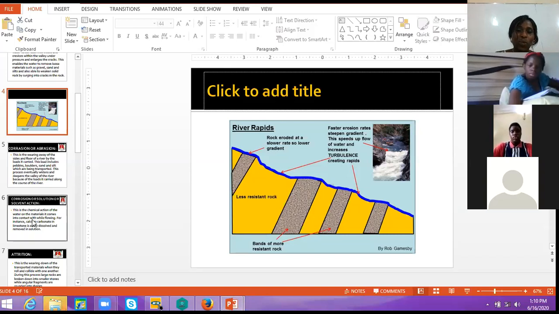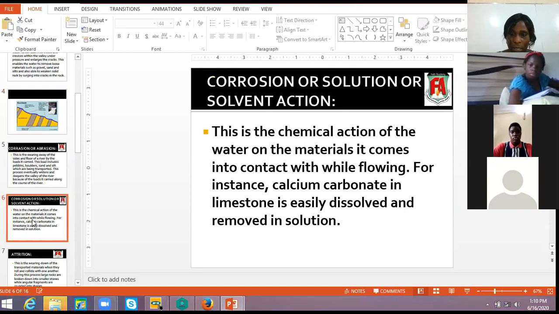Now, the next one we have, I said, corrosion or solution. It has to do with solvents, materials, or chemical action inside water that helps to dissolve materials that are found inside that water.